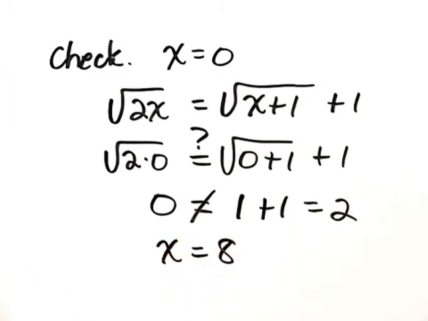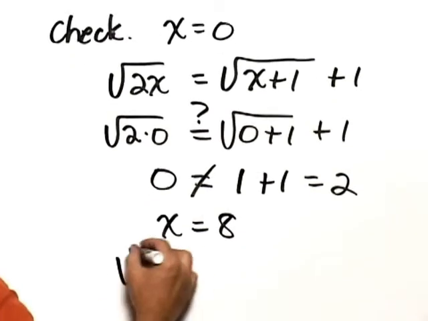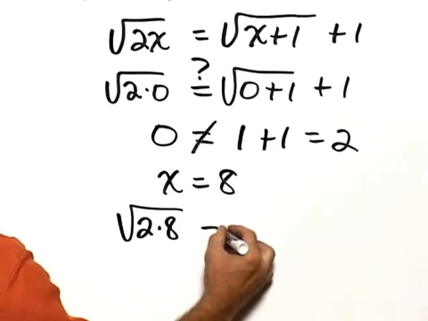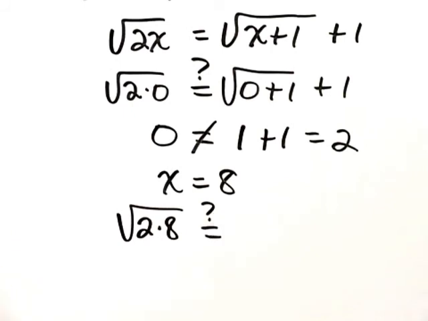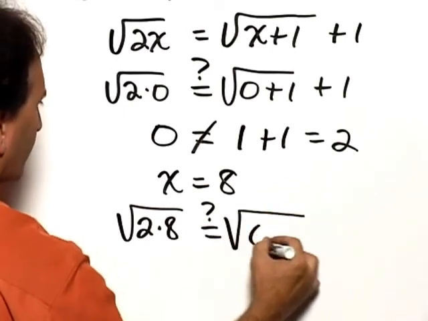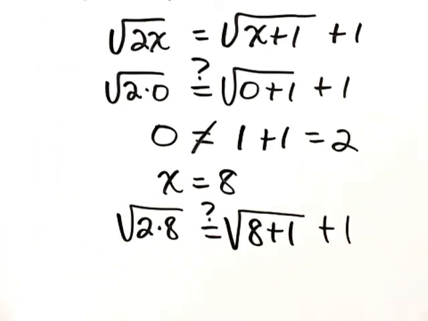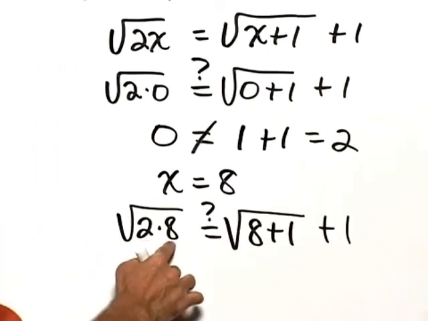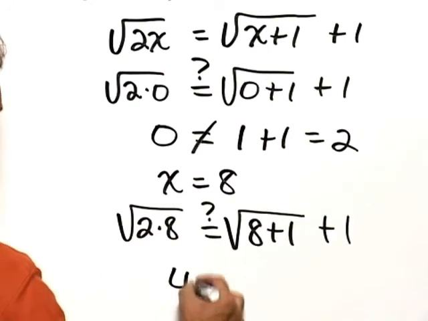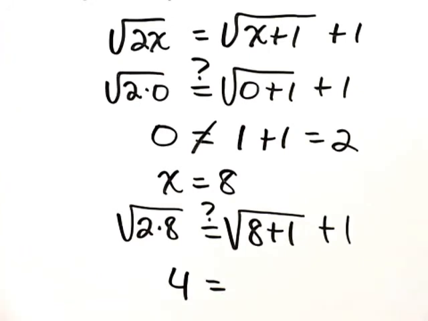We also need to check x equals 8. Substituting that in, we have the square root of 2 times 8 equals question mark, the square root of 8 plus 1 plus 1. On the left-hand side, 2 times 8 is 16. The square root of 16 is 4. 8 plus 1 is 9.